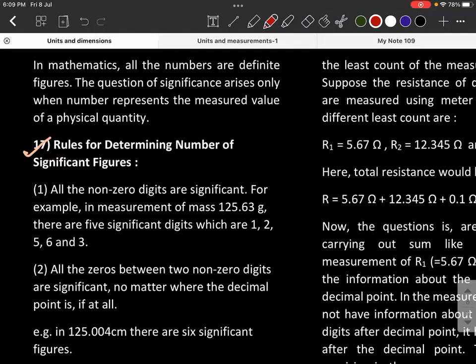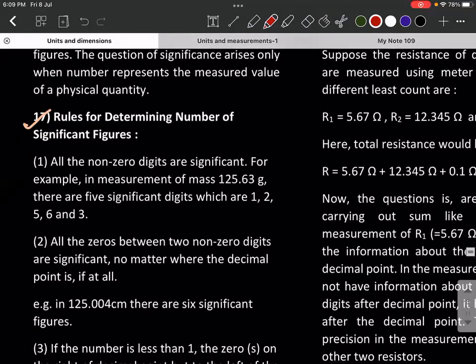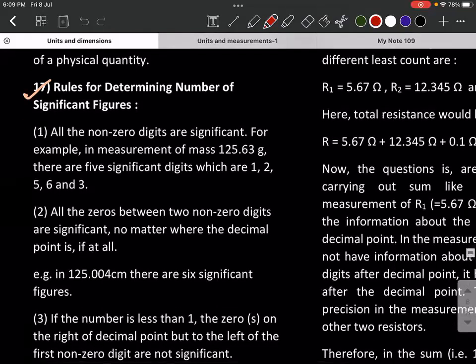Right. So the only problem starts when zeros are there. Now the question is, when will you take that zero as a significant figure? What should be the position of that zero for it to be considered as a significant figure, and what should be the position where it is considered to be an insignificant figure? It is not considered at all. First, if you have two non-zero digits, let's say 1 and 5, between them you introduce as many zeros as you want.